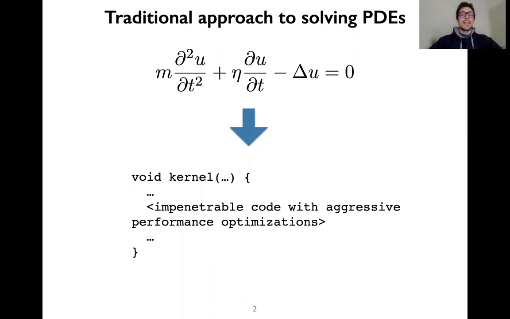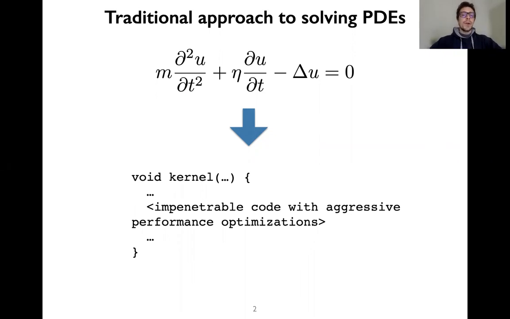Assuming there's no existing library that exactly fits your needs, you pick up your favorite language, C or Fortran, and write an implementation for one specific equation, or a set of equations, for one particular discretization, and so on and so forth. And this can already be quite challenging.